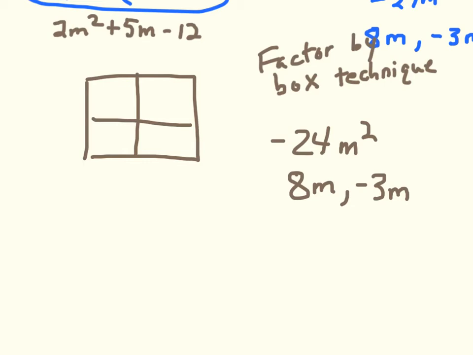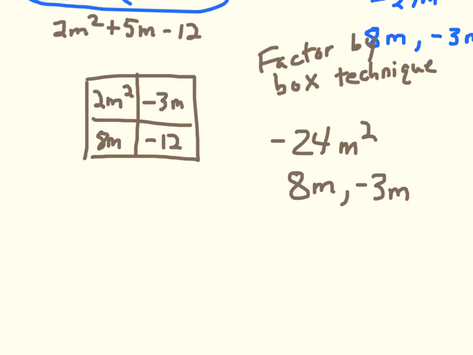I'm going to put the 2m squared there. That matters where I put that. And I'm going to put the negative 12. So put this right here and this right here. They have to go there. Now the 8m and the negative 3m doesn't matter where I put those in either spot. So I'll put the 8m there and the negative 3m there.